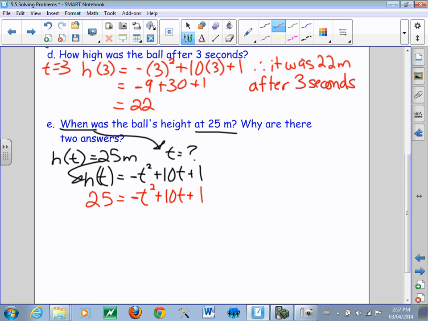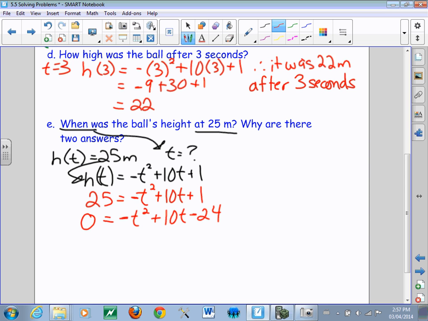Now to solve this, we need to get the 0 on one side. So I'm going to put 0 on the left. I'm going to bring the 25 over and change the sign. So I'm going to have negative t squared, plus 10t, and when you bring that over, you're going to have negative 24.